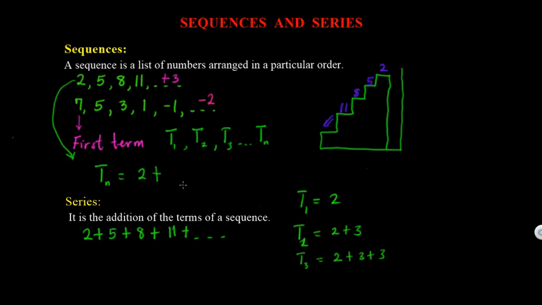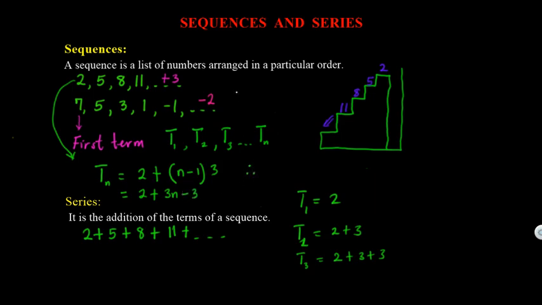So we can realize that we are subtracting 1 from each, which means the nth term is gotten by saying the first term plus the nth term minus 1, which is n minus 1. Then what are we adding? We are adding 3, multiplied by 3. So 2 plus 3 times n minus 1. When we open this bracket, we get 2 plus 3n minus 3.